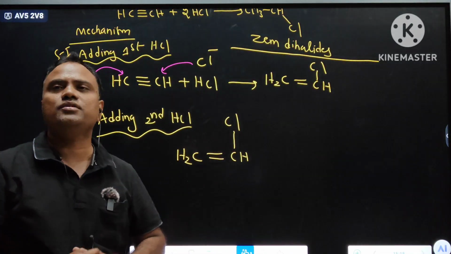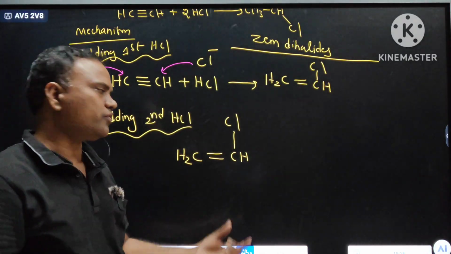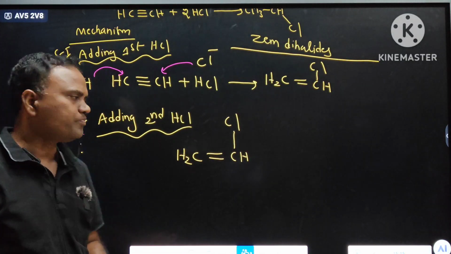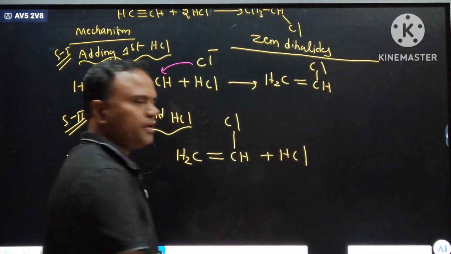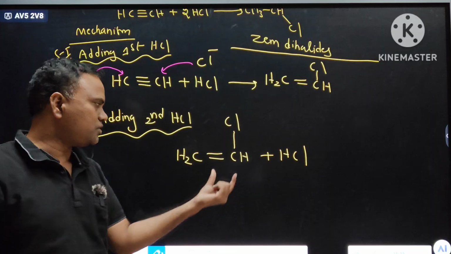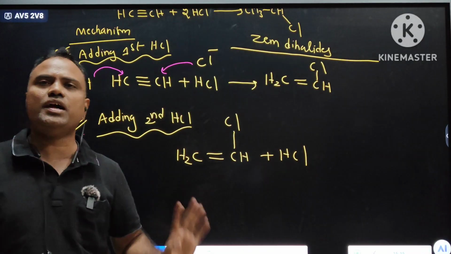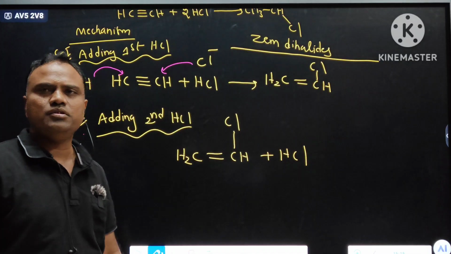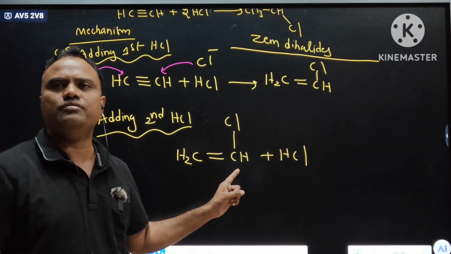But in this case we have to see the carbon with less number of hydrogens. We follow Markovnikov because the hydrogen number is different now. Your hydrogen number is same there, that's why you can add Cl negative to any carbon.